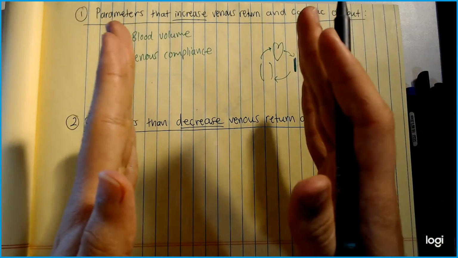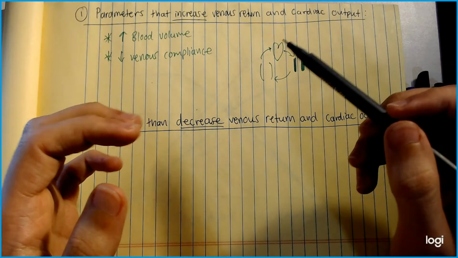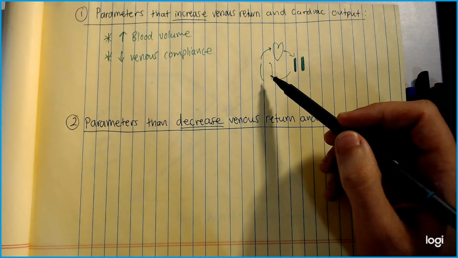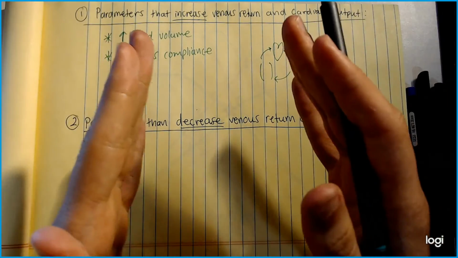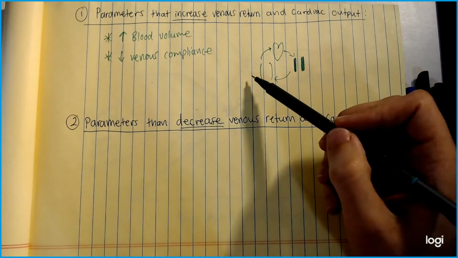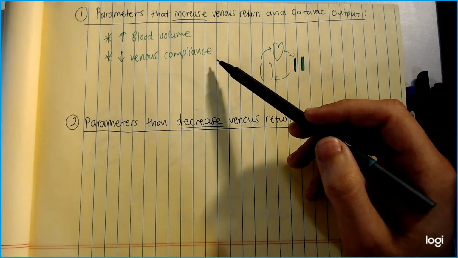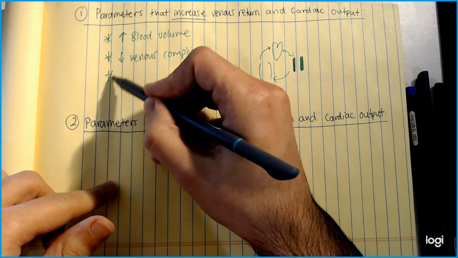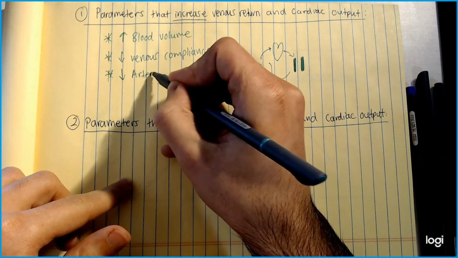And if you can picture like squeezing, it's going to stay closed, so it's going to push the blood to the next area, which is the heart. So if the veins are less compliant, they're holding less of the blood. Instead of being distended, they're going to come together, and it's going to push the blood to the heart. And so that's why you get an increase in venous return when the veins are less compliant.